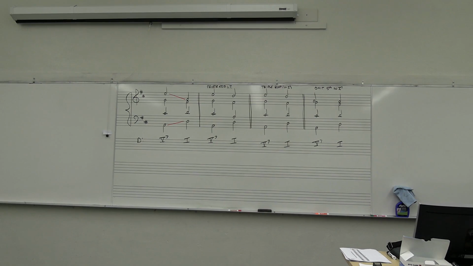So if we take that frustrated leading tone and then resolve it to 1, or if we omit the fifth in the 1 chord, again we can still have that. Or we can omit the fifth in the 5/7.